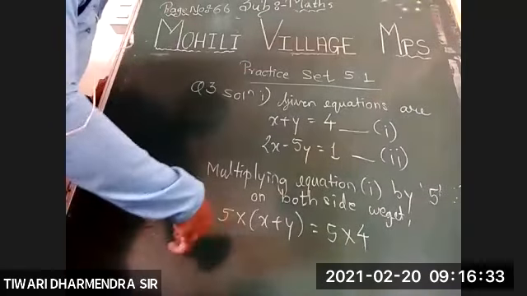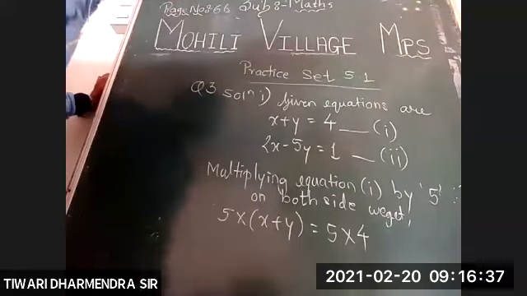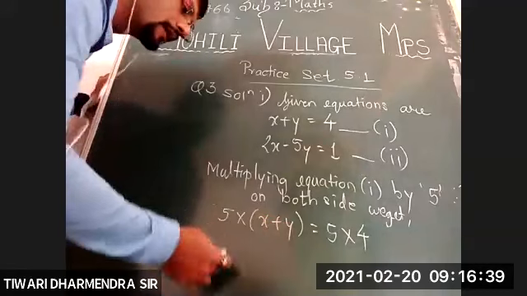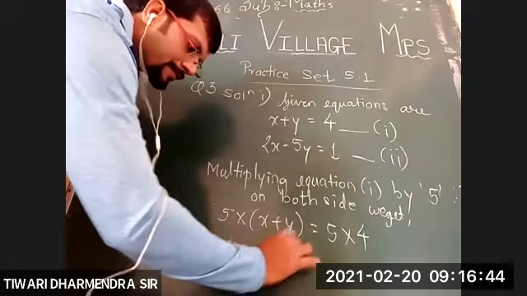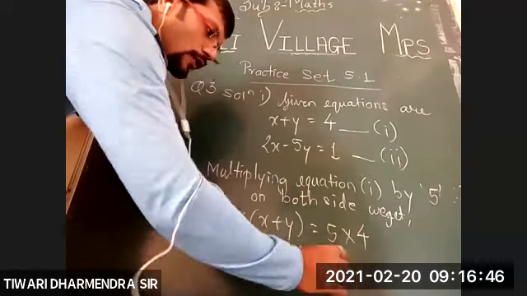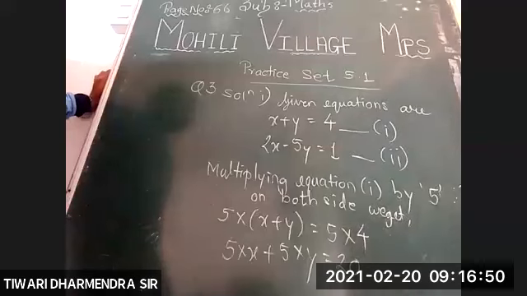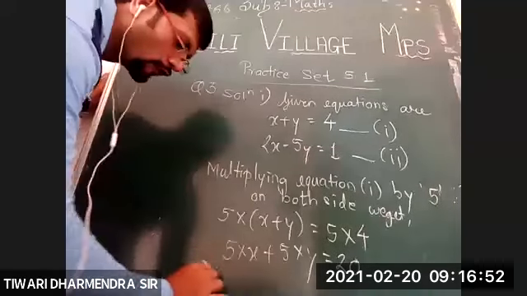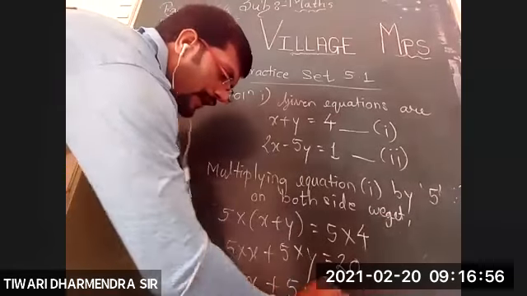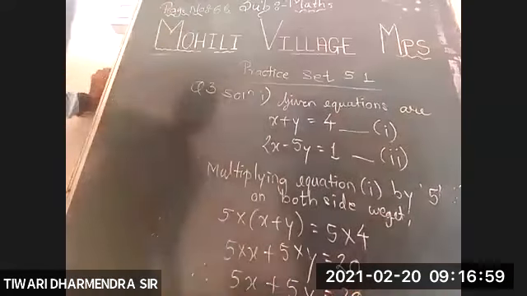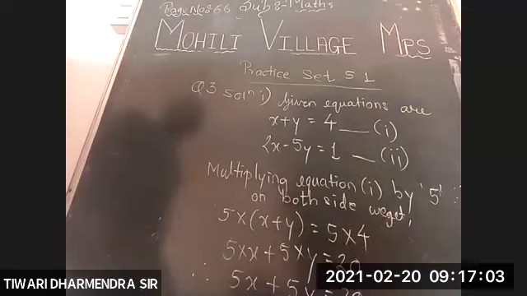So hope this step is clear to you. Now, as you have done polynomials, you just need to multiply this. So 5 into x plus 5 into y is equal to 5 fours are 20. So therefore, this is 5x plus 5y is equal to 20.